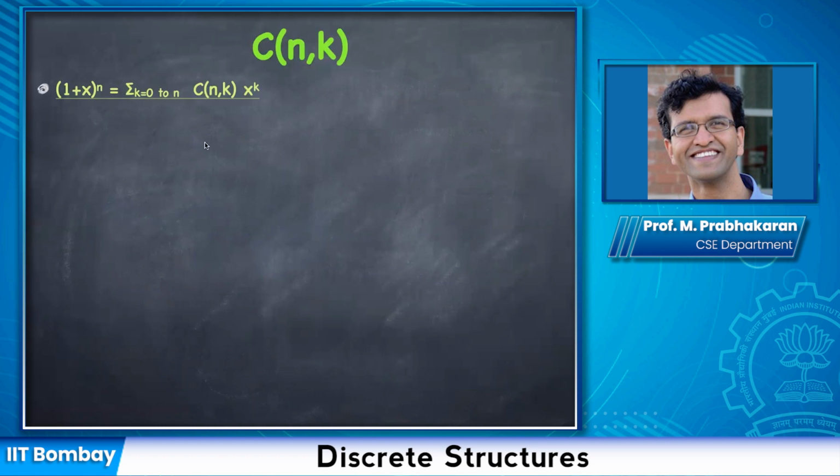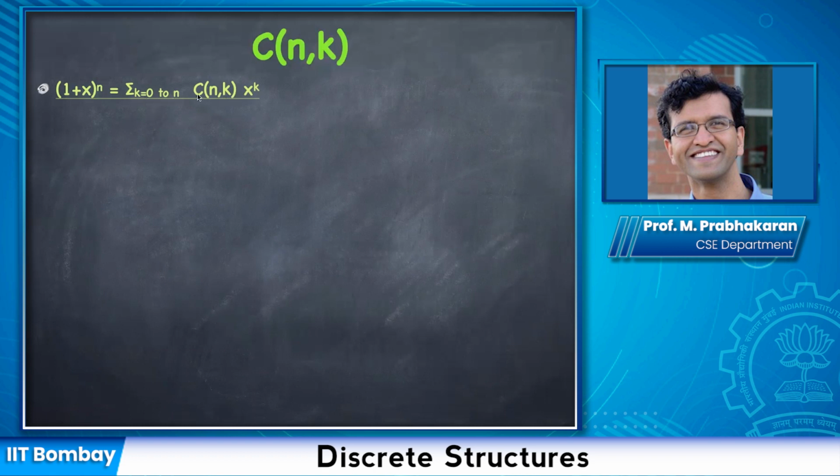That actually is a special case of something even more general. I can say (1 plus x) to the power n, for any value x, or you could think of it as a formal variable, is actually this polynomial here. It's a summation of x to the power k multiplied by this coefficient C(n, k).